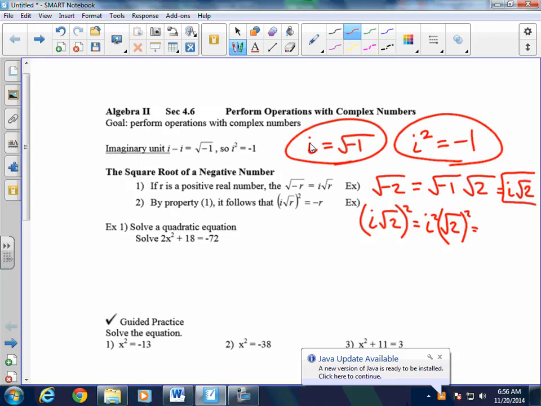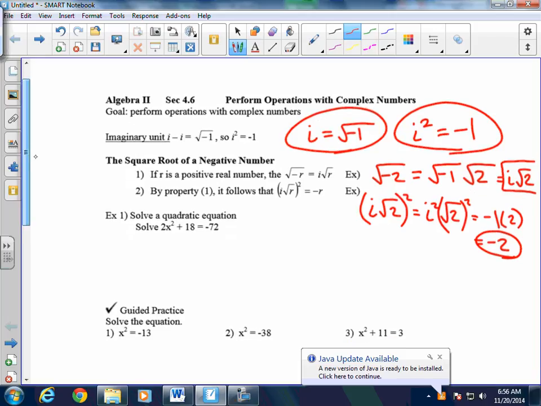Like we set up above, i squared equals -1, and the square root of 2 squared is 2. So this is going to be -2.